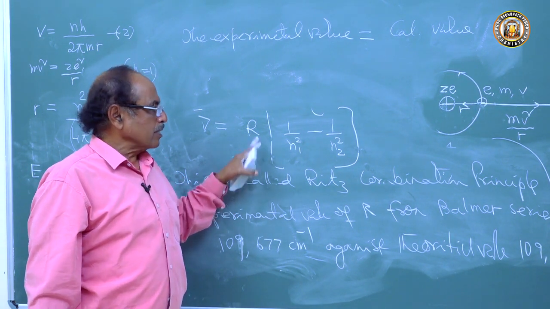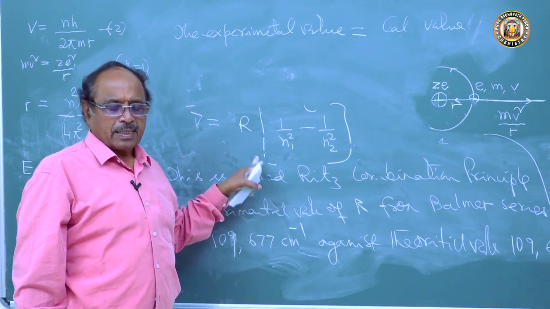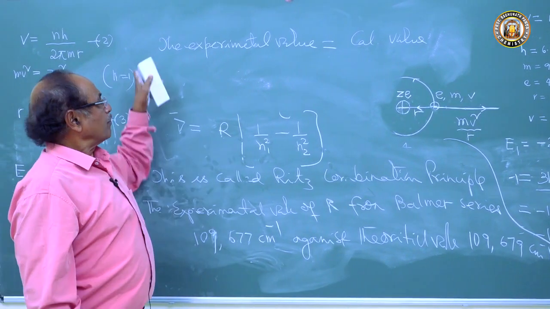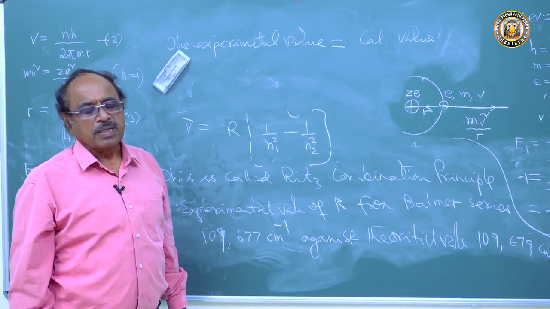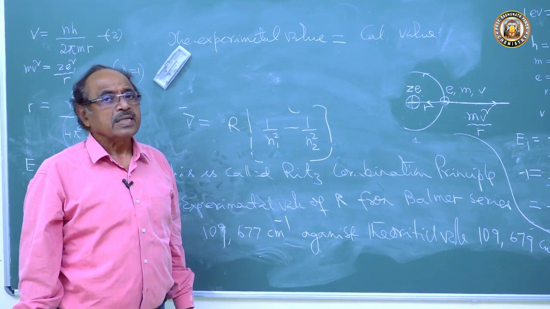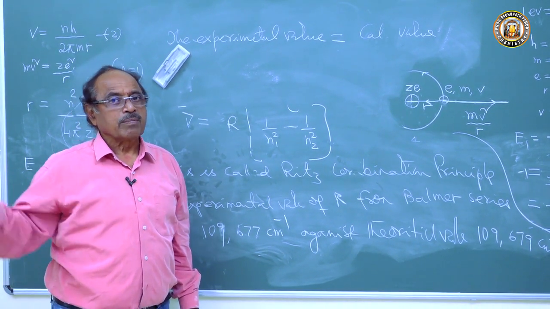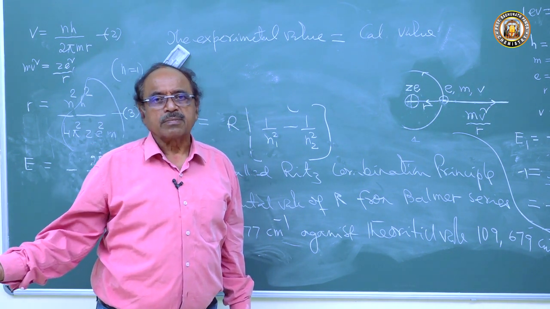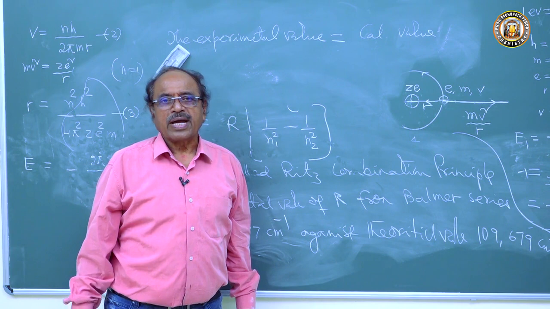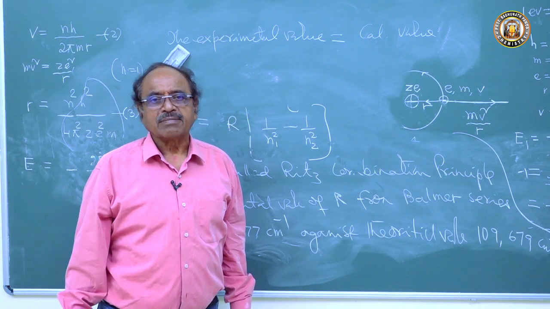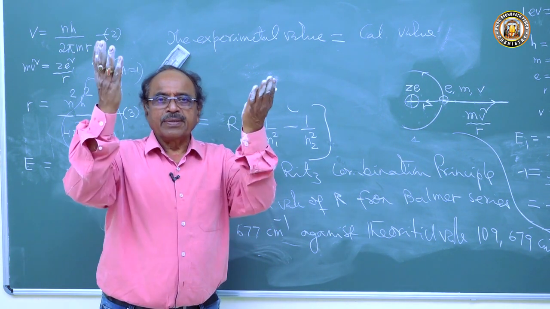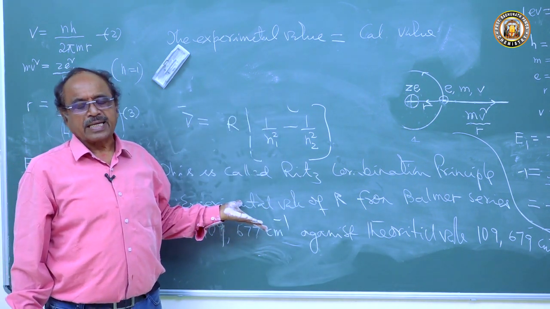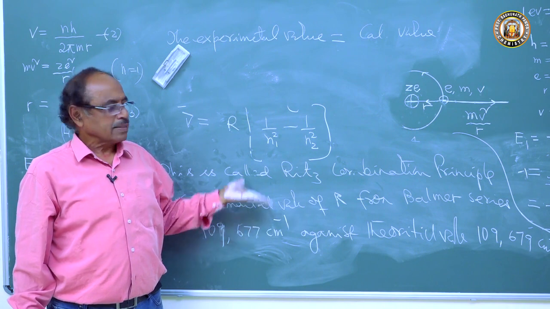The Rydberg constant, experimental value and theoretical value, proved the validity of the hydrogen atom, and taking this Ritz combination principle, he could explain the hydrogen spectrum. I told you in my last video, class number 34 in our atomic structure series, the advantages of the Bohr model of atom. There I used this calculation of radius of orbit, all this we have done.